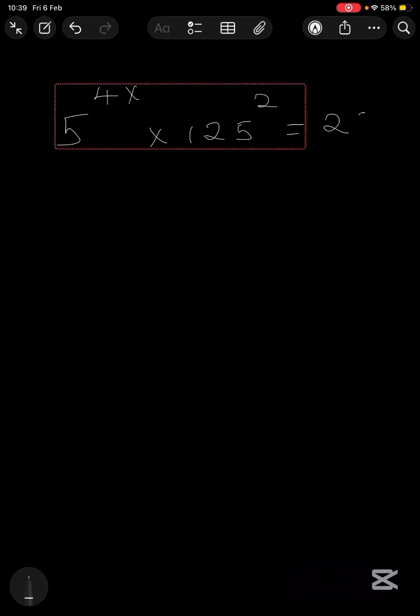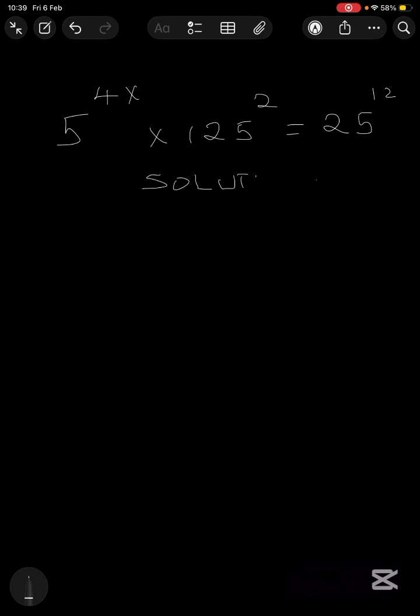Next example, we have 5 power 4x times 125 power 2 is equal to 25 power 12. The base must be the same.